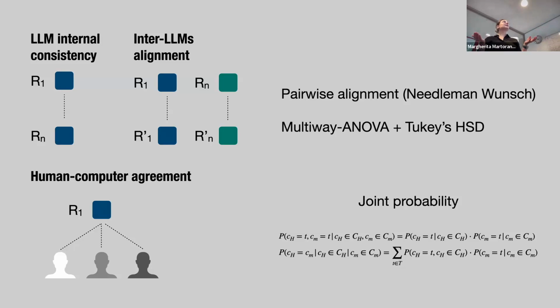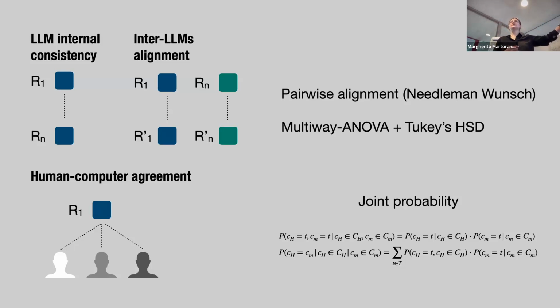We also looked at how we can do this with multiple LLMs. So if we have two LLMs, or even two versions of the same model, that give us the same output, they are consistent in the same way, and that can help us. It's a metric we can use to evaluate this annotation. We also looked at human-computer agreement. We don't have to go through this, but it's slightly different from your annotator agreement.